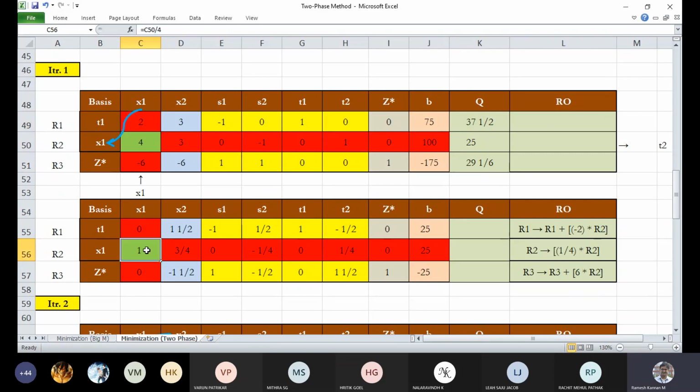When we add minus 2 times the key row, it becomes 0. We divide this entire row by 4, so the 4 becomes 1, and then row 1 becomes row 1 plus minus 2 times row 2.